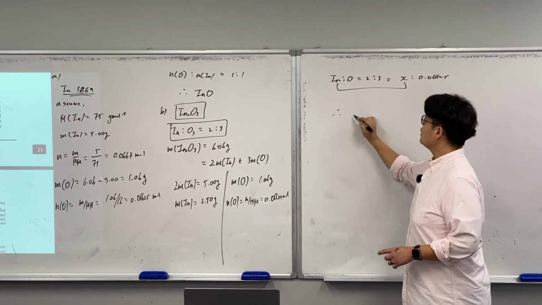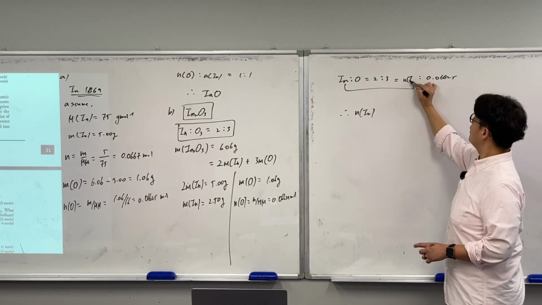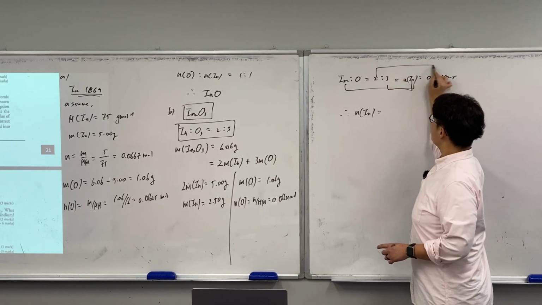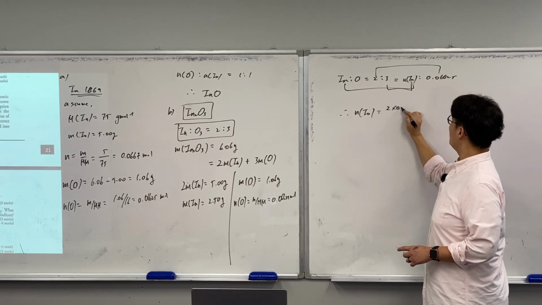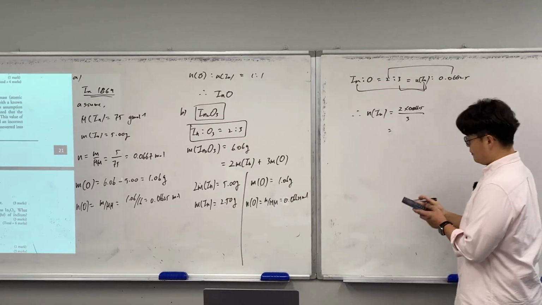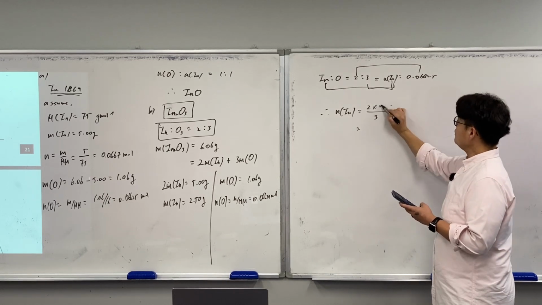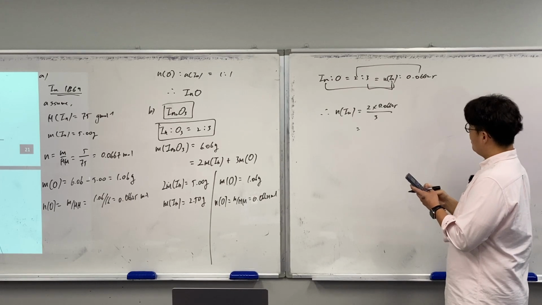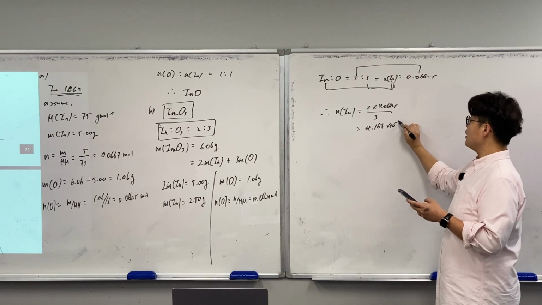Therefore, the n of the indium is equal to, taking that 3 and 2, 2 times 0.06625 divided by 3, which gives 4.167 times 10 to the power of minus 3 mole.